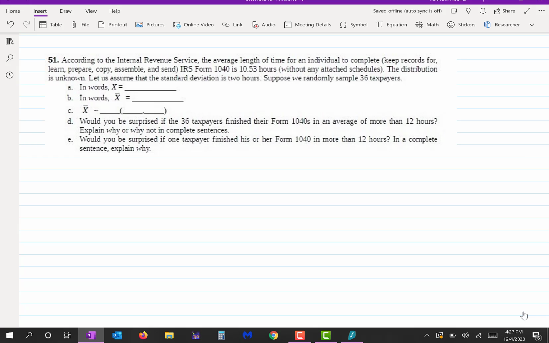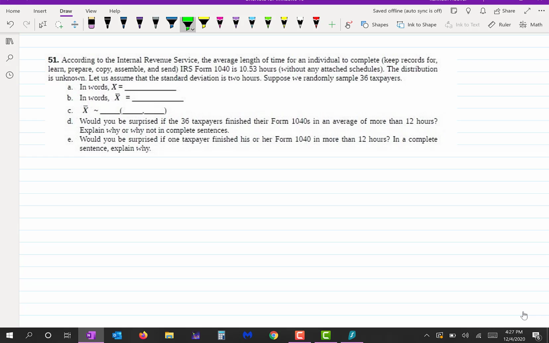According to the IRS, the average length of time for an individual to complete their tax return is 10.53 hours. Okay, so this is mu equals 10.53 hours.